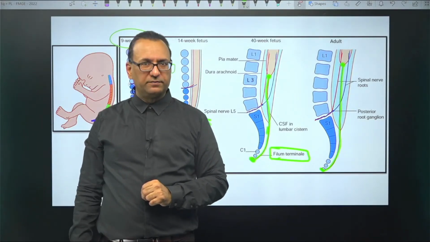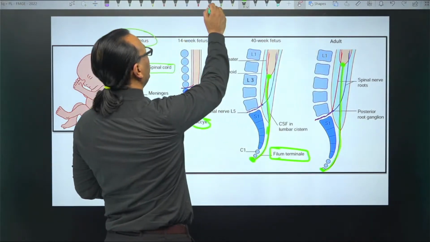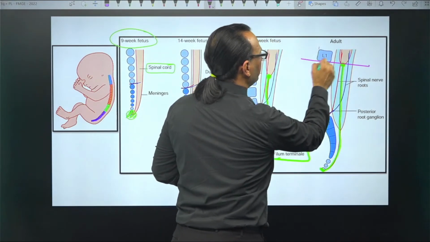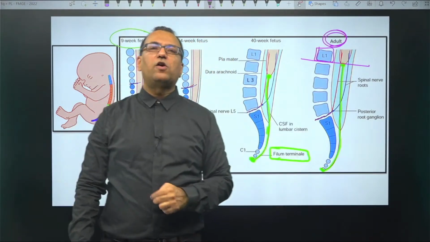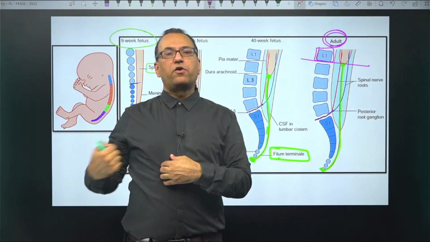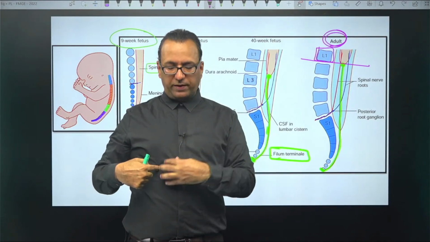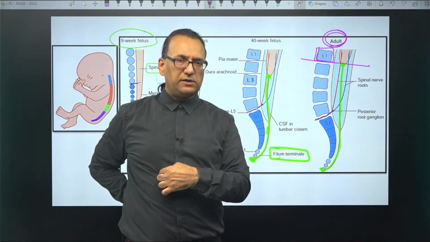In the adult, the spinal cord is terminating, as you can see here, at the lower border of L1 vertebra, which is also called the transpyloric plane, because that is where you have the pylorus of the stomach becoming the duodenum. So where the pylorus of the stomach becomes the duodenum, that is the lower border of L1 vertebra in the adult.